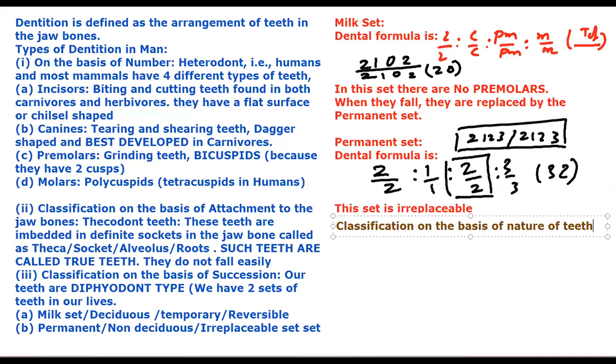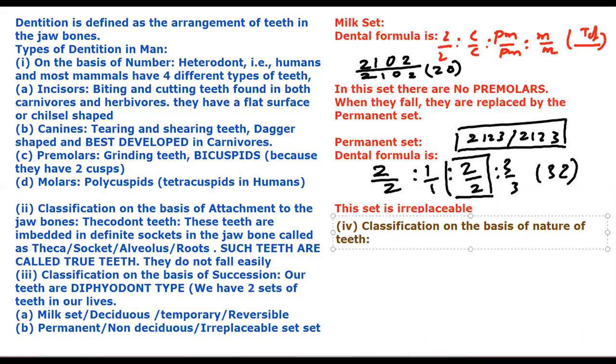This number is 4. Now if you see your teeth, you are seeing the numbers, heterodont and incisors, all different types. Now are your teeth blunt or are your teeth very, very sharp? So classification on the basis of nature of teeth.